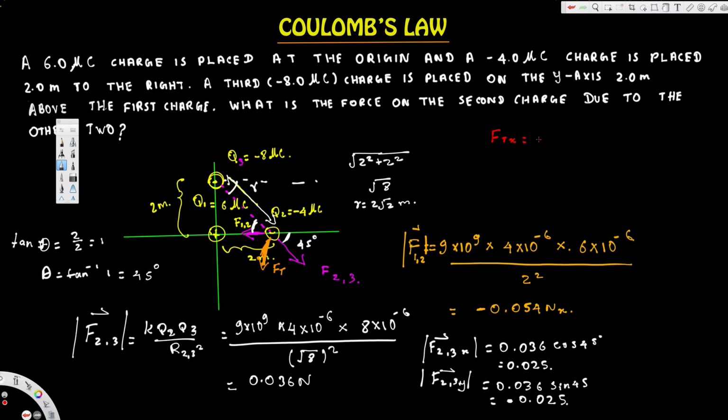Previously we had negative 0.054 Newton in the x direction, and then we had plus 0.025 Newton in the x direction, and if we add these two together, that's going to give us negative 0.029 Newton in the x direction, and in the y direction we are going to have negative 0.025 Newton. So this is our x and y total forces.